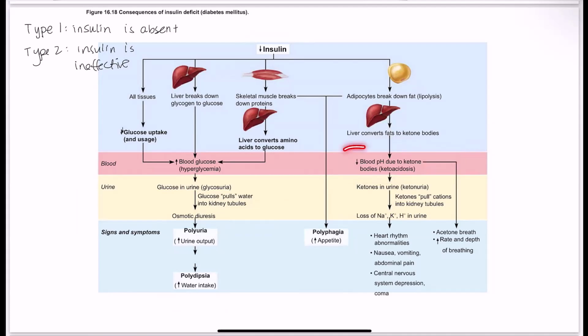And one of the signs of ketoacidosis is that your breath can smell like acetone. So a little bit like nail polish, remember? That's that molecule. And the other thing that can happen is the way that you're breathing can get a little bit altered because you're trying to regulate that pH in the body. But so that ketoacidosis, I'll highlight that word. And if untreated, diabetic ketoacidosis can be life-threatening.